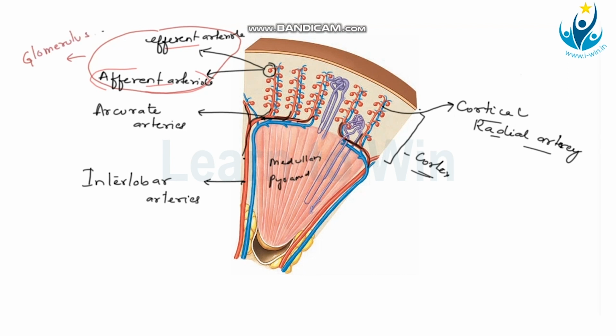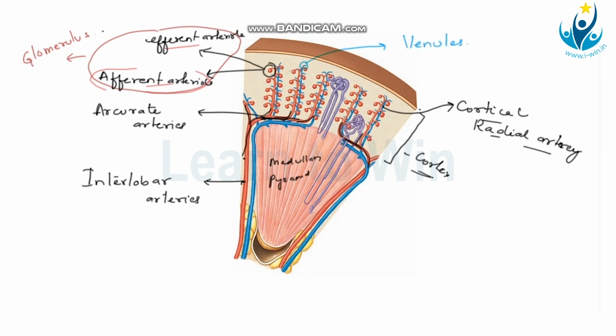Now, there will be a group of capillaries called the peritubular capillaries, which will come from the efferent arteriole, and then they will come out into these blue structures which are called the venules.